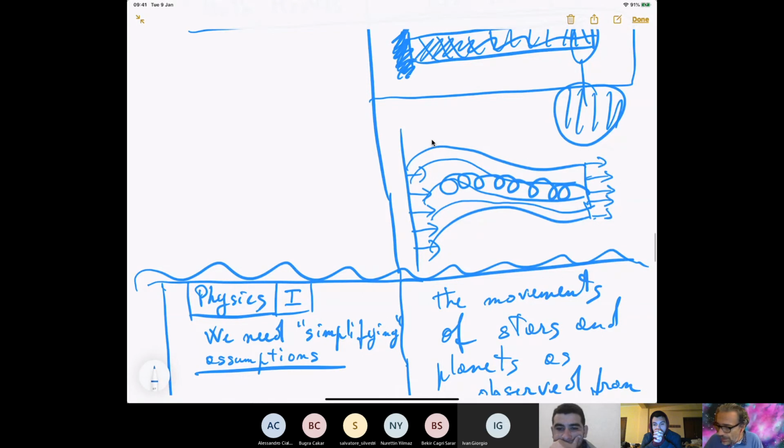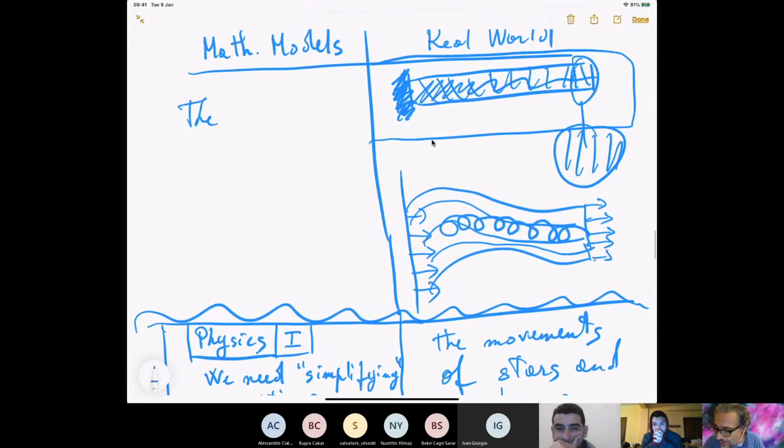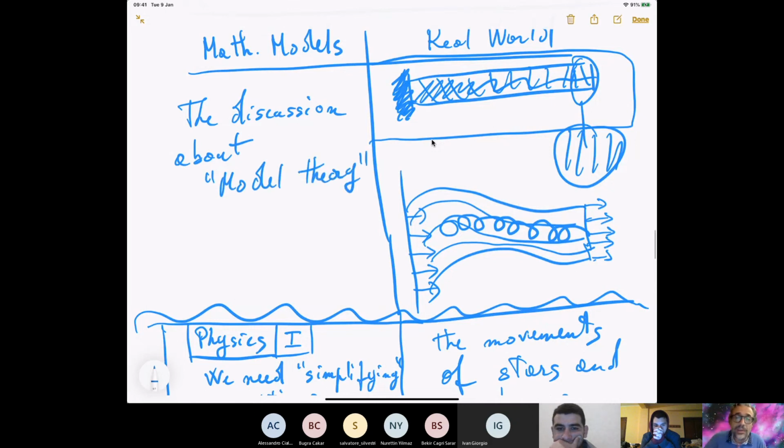So the discussion about model theory. The theory, the meta theory, which is teaching us how to build models, is very important for engineers, because there are many phenomena which are not yet described.